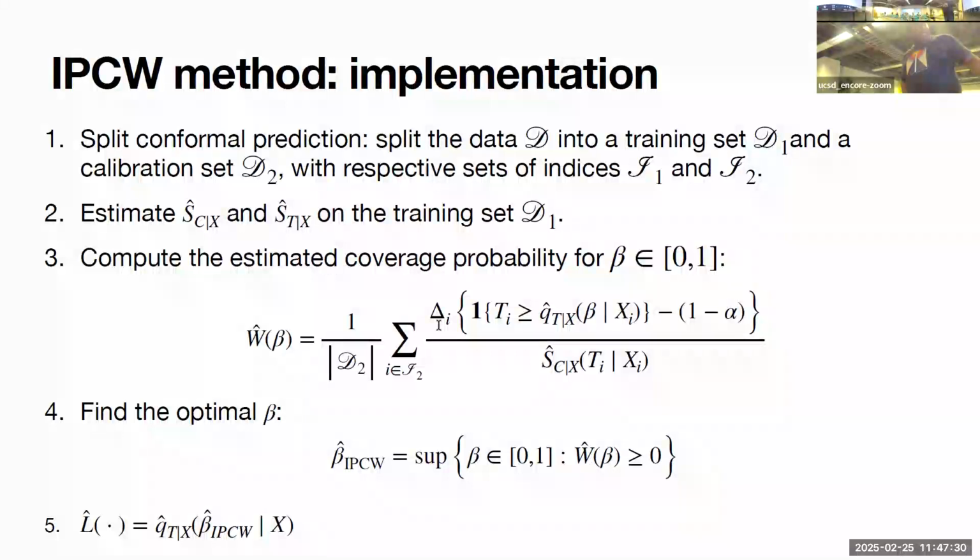And we'll then use L hat, defined as q hat of t given x, as the prediction rule. Okay, so a physician sees a patient with values x. They're going to take our estimate of the density of t given x and our estimate of beta hat that implies that L hat is well calibrated, and they're going to use that as a prediction rule for the lower bound.